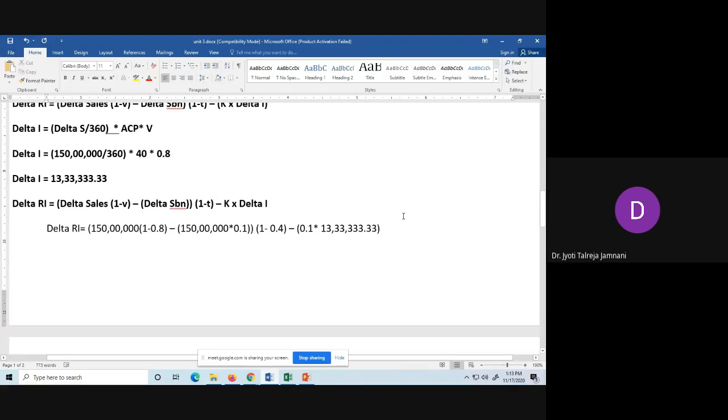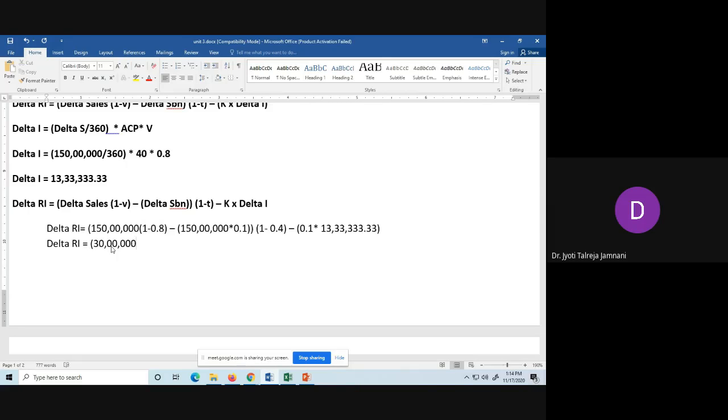Now I have written down all the values in the equation. I'll tell you how to solve it. You solve and tell me the answer one by one. First, what you do is you take 150 lakhs. 1 minus 0.8 is how much? 0.2. So 150 lakhs into 0.2 you do first. 30 lakhs.